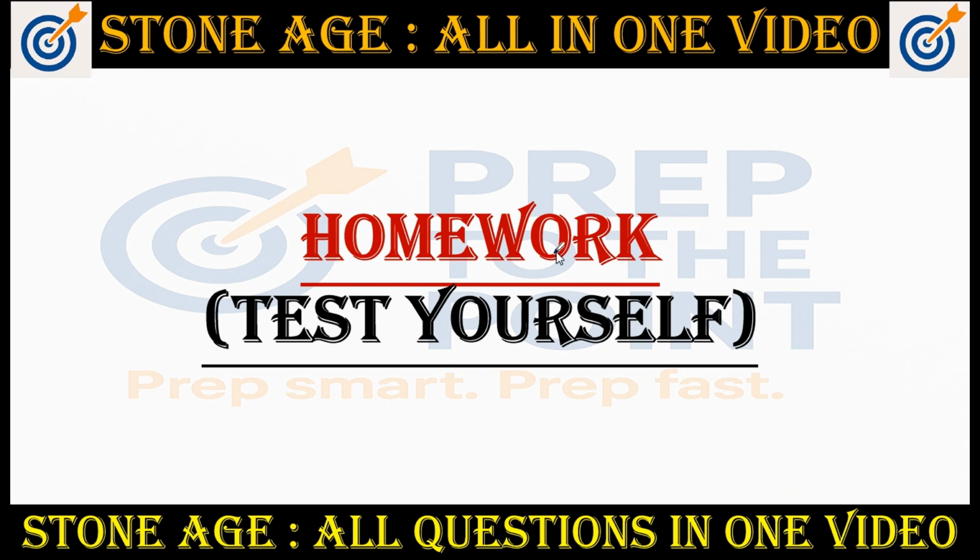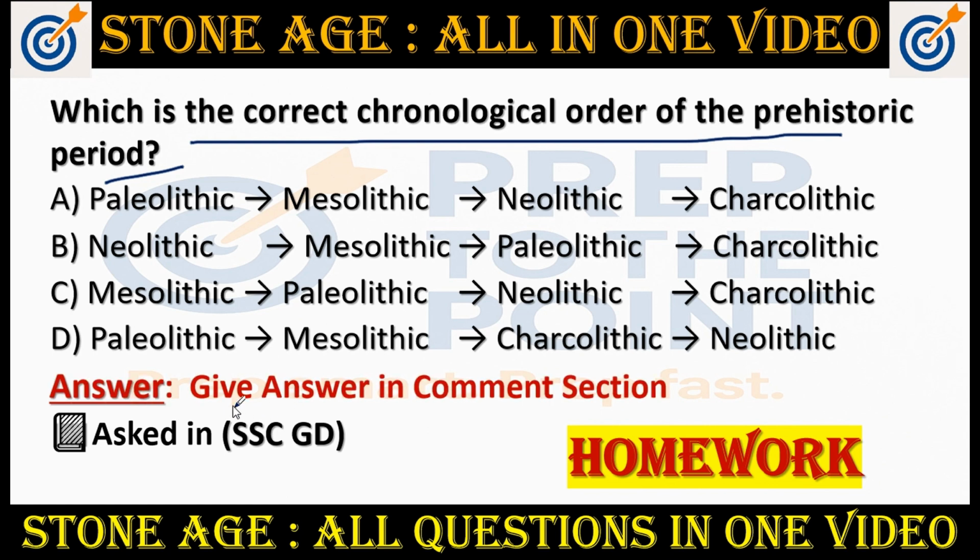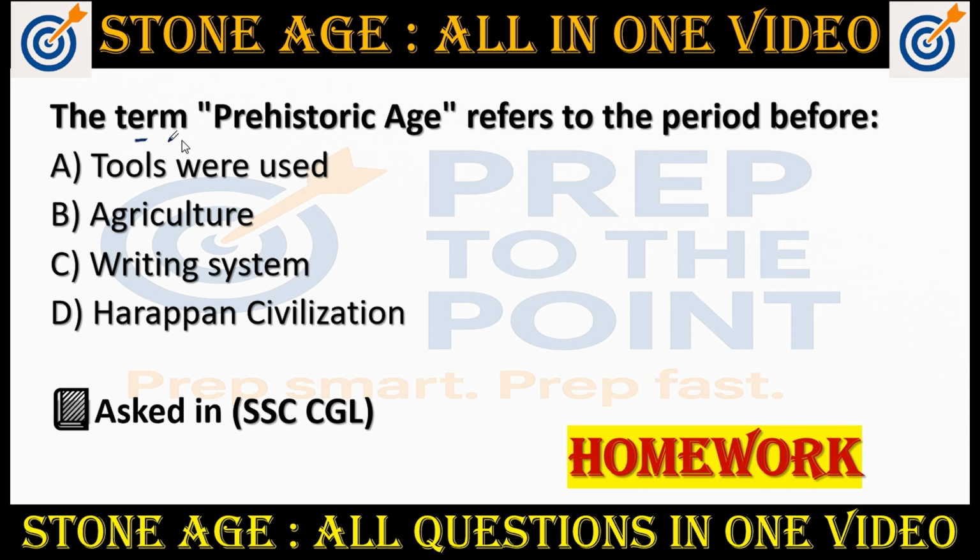So now it's time for homework to test yourself. The first question is, which is the correct chronological order of the prehistoric period? You have to answer these questions in the comment section. The next question is, the term prehistoric age refers to the period before what?